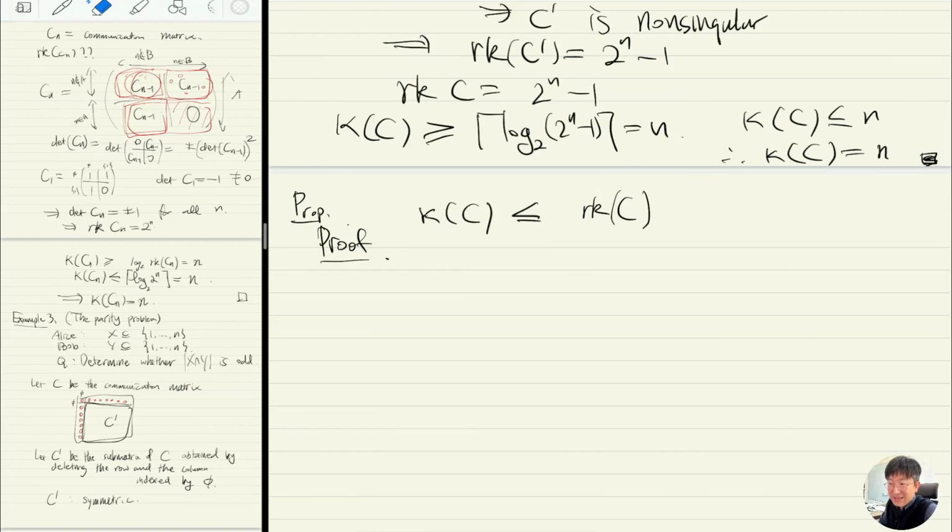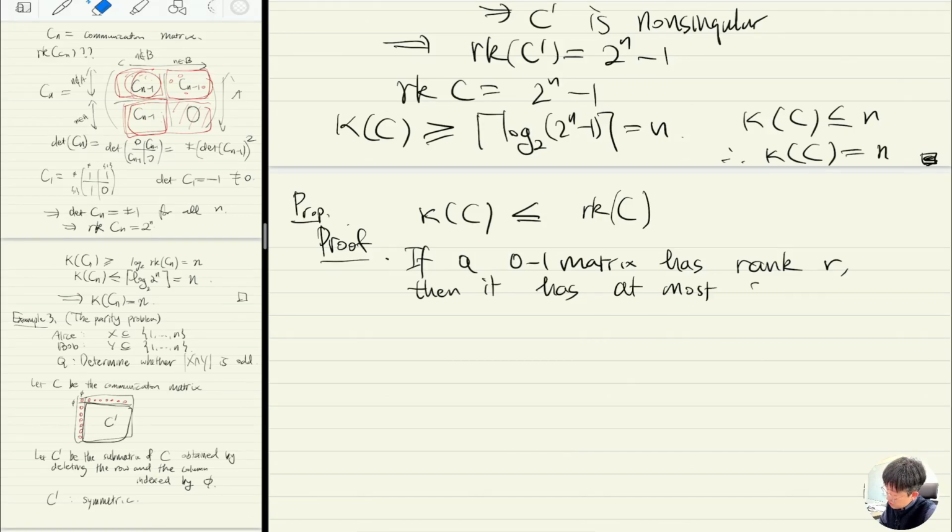This is also an easy fact. If a 0-1 matrix has rank R, then it has at most 2 to the R distinct rows.